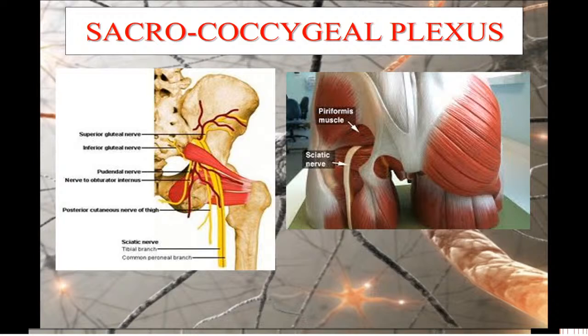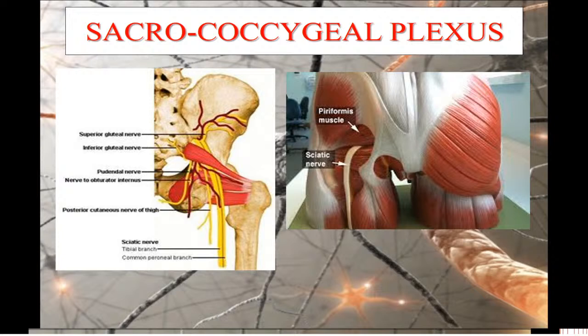If we summarize the nerve supply of the free lower limb, in the region of the thigh, I will remind you there are three muscular compartments: anterior, posterior, and medial. So muscles in the anterior compartment are supplied by the muscular branches of femoral nerve.